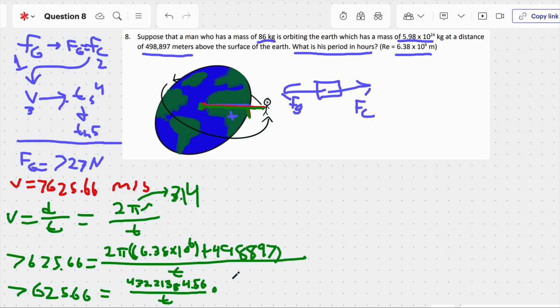I'm going to multiply both sides by t to get it out from the bottom of the fraction. So if I do both sides by t, this cancels out. We're just left with that number, and then we have our 7625.66 times t.